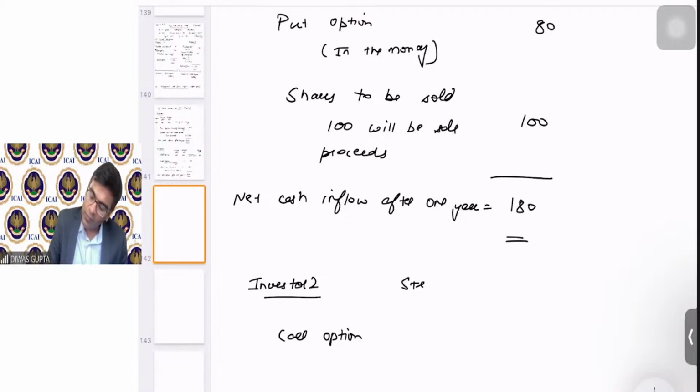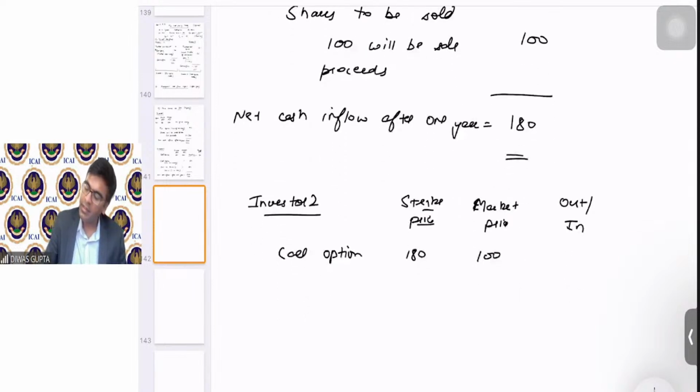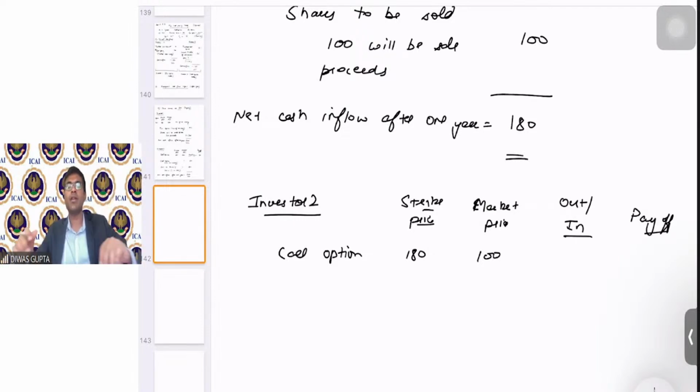Strike price of that call option is 180 and market price is actually 100. Now tell me, students, whether it is out of the money or whether it is in the money. And if it is in the money, then what is the payoff? Tell me, students. For call option where the strike price was 180, the market price is running at 100. It is out of the money or it is in the money? Deeply out. Yes, Mansha and Namrata. Perfect. So this is out with a zero payoff.